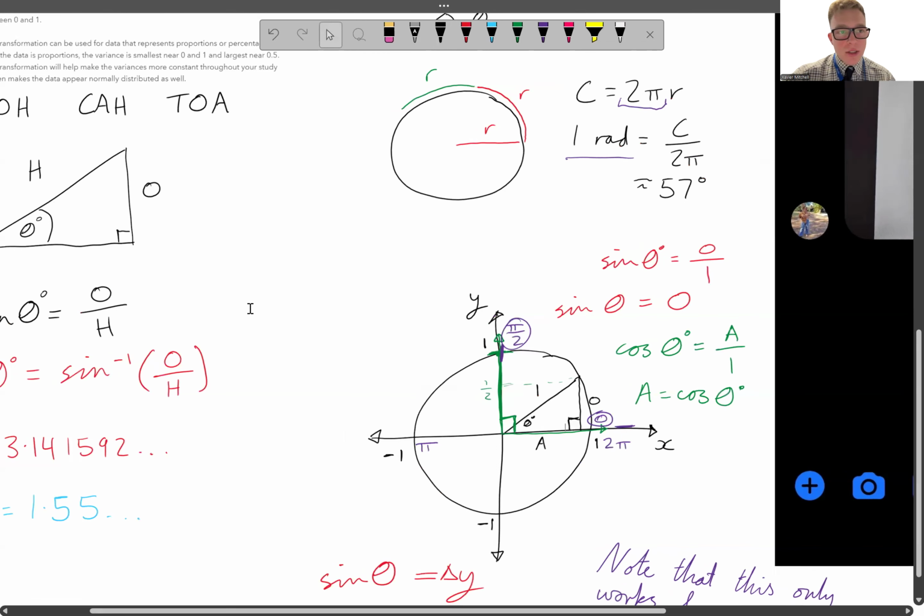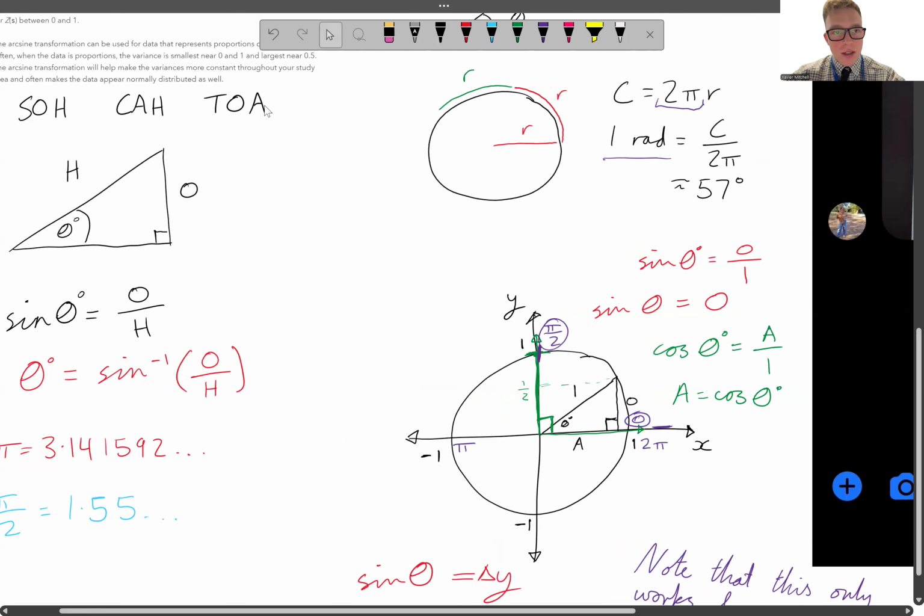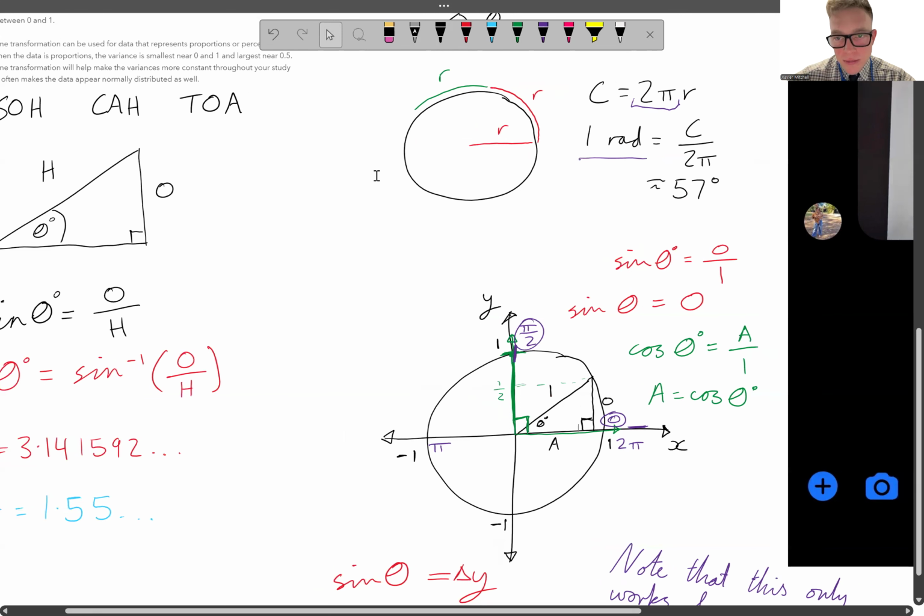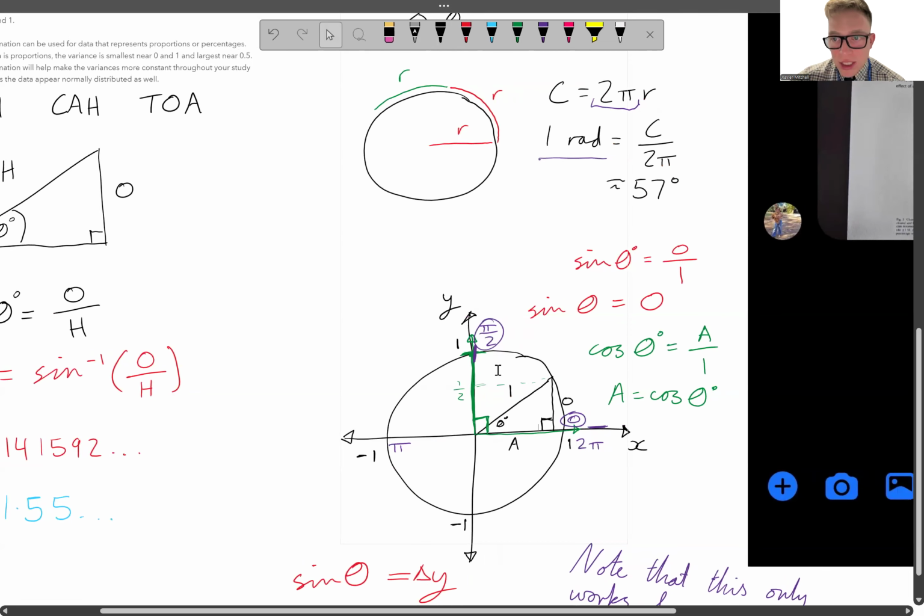Now, if that's the case, we can use our SOHCAHTOA from up here. So sine of theta is equal to opposite over hypotenuse, cos of theta is equal to adjacent over hypotenuse, and tan of theta is equal to opposite over adjacent. And we sub in into this unit circle. So sine of theta is equal to opposite over hypotenuse, but the hypotenuse happens to be 1 because it's a unit circle.